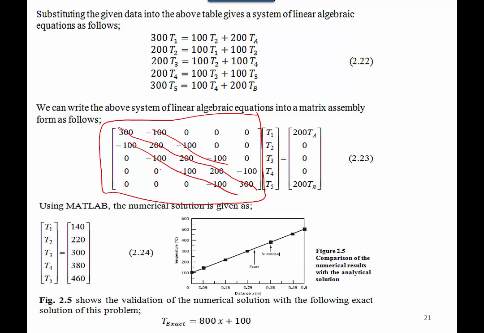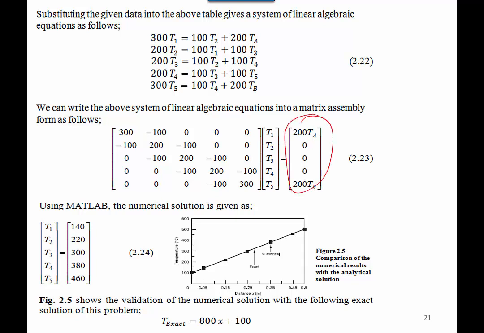Therefore it is called a tri-diagonal matrix, and we can calculate this easily by the tri-diagonal TDMA method or a direct method which is Gauss elimination. This represents the source vector, and this is the dependent variable, which is the temperature vector.